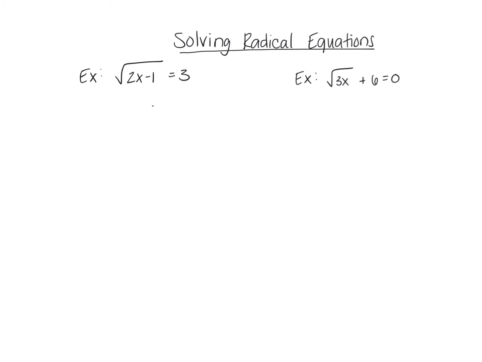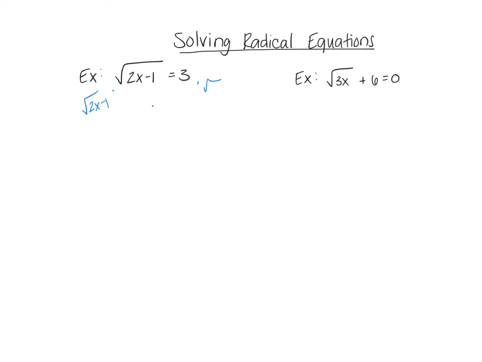Most people's instinct would be to square both sides, and that is true. But just to make a point, we are going to look at a method that a couple people threw out on the quiz recently. A couple of people said, I'm going to multiply the left side of this by the square root of 2x minus 1, which is a great thought as far as the left side.